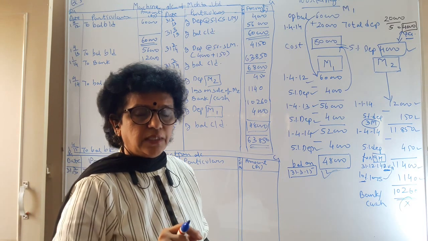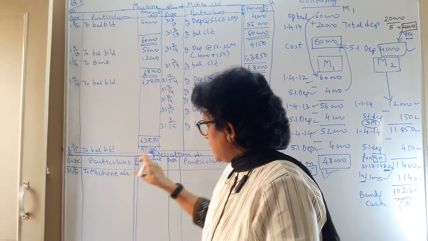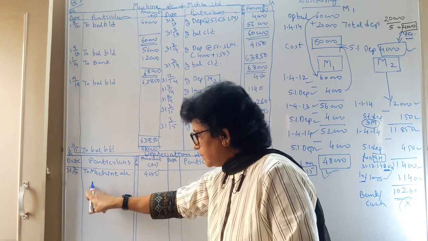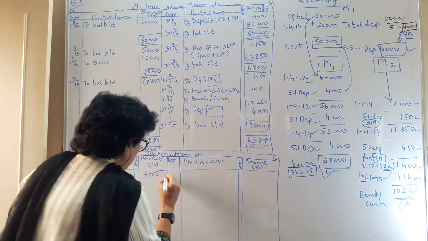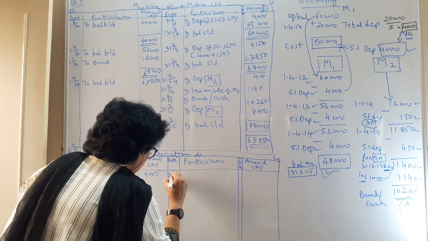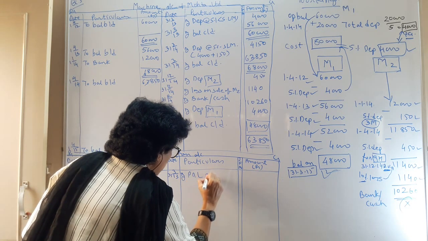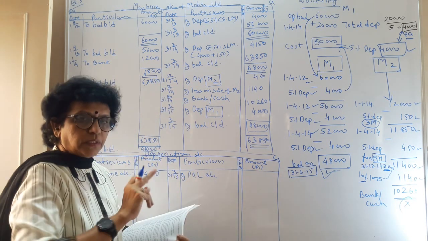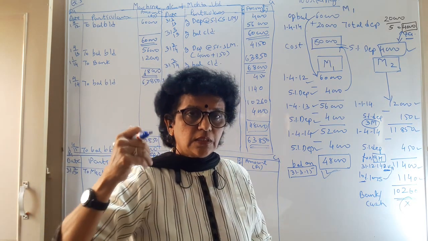What is the journal entry? Depreciation account debit to machine account. So depreciation account debit side we are writing to machine account. Then the second journal entry we used to write to close the account, that is on 13 by profit and loss account. Then this depreciation we used to transfer in our journal proper, the closing journal entry.